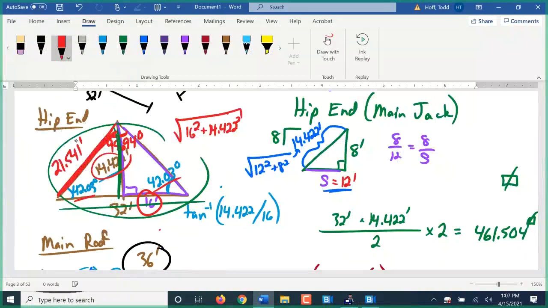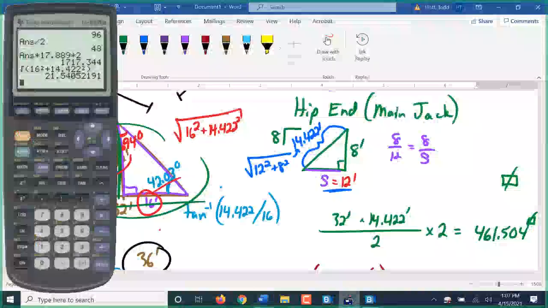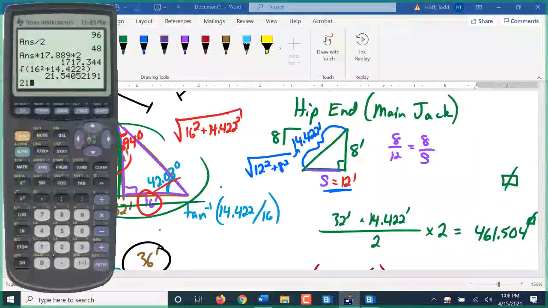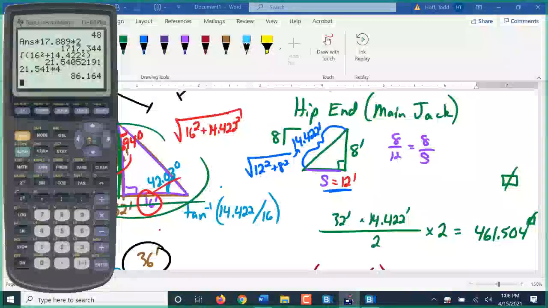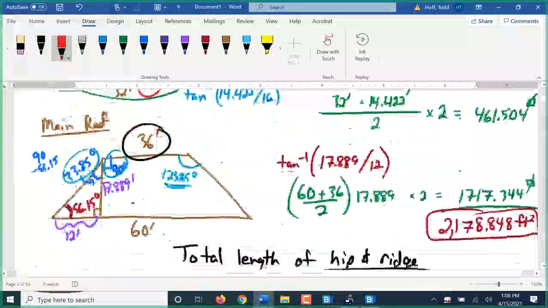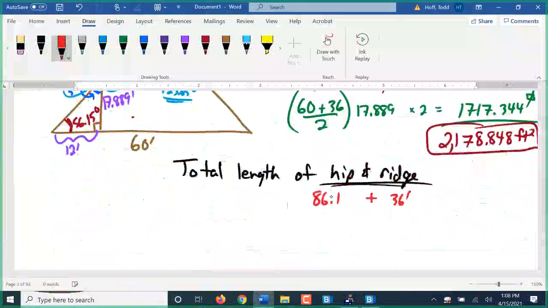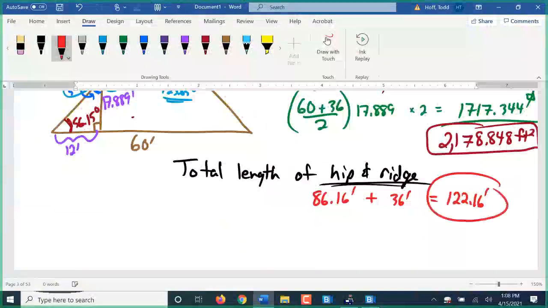And that's going to be times 4 because there's 4 of them. That's a total of 86.16 feet of hip. So we add that together, 122.16 feet of hip and ridge, just because you use a cap shingle for those hips and ridges.